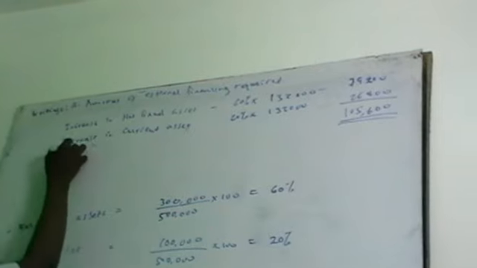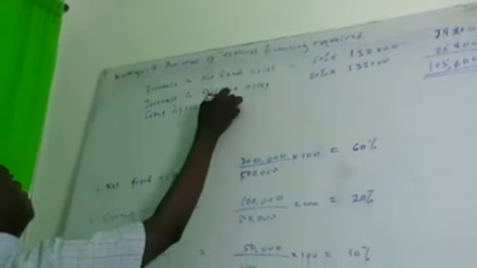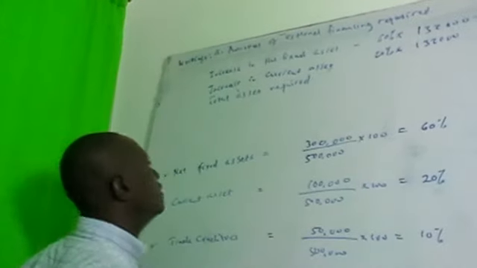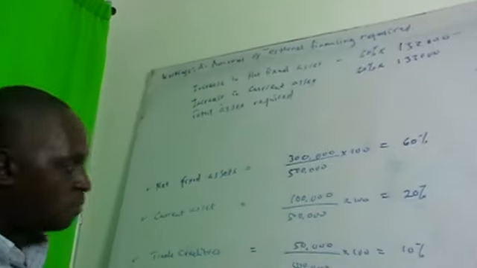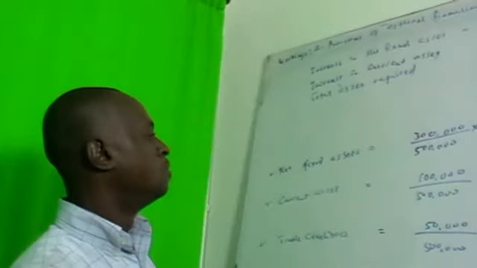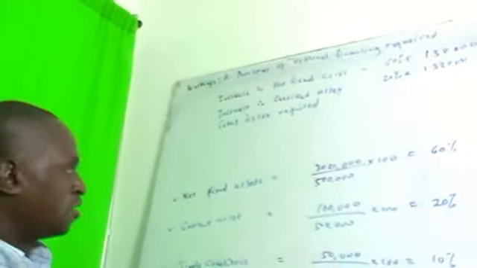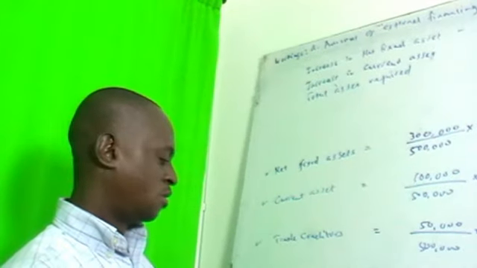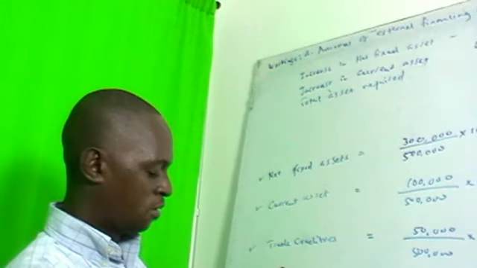This is the total assets required. Now what does this mean? That is 20% times 132,000 plus 79,200.